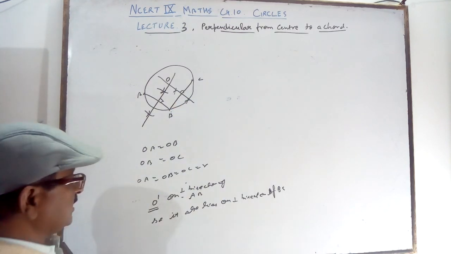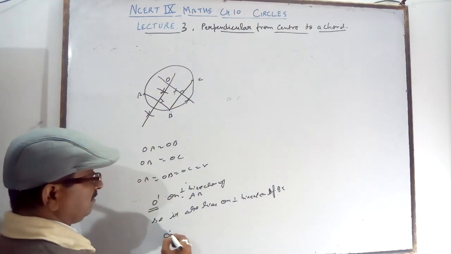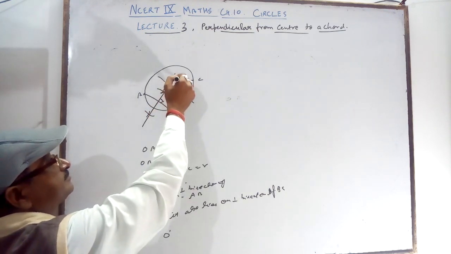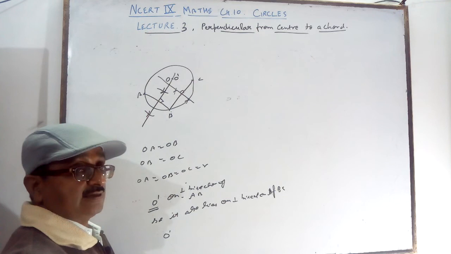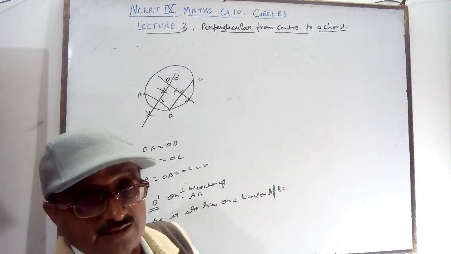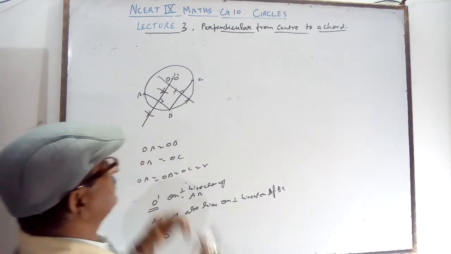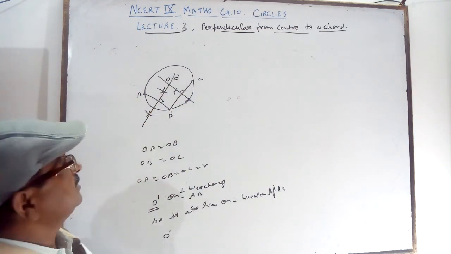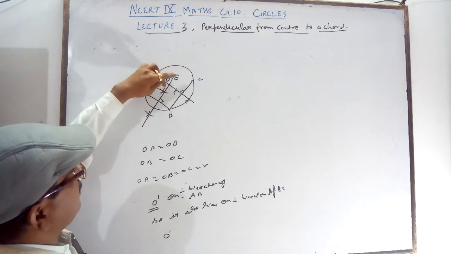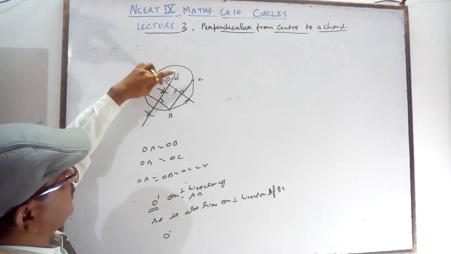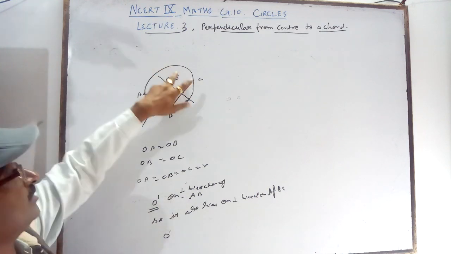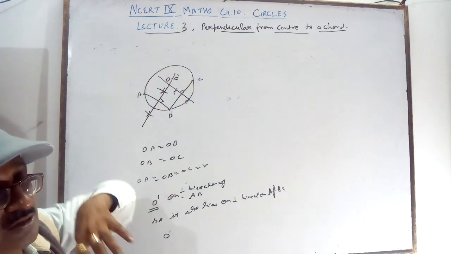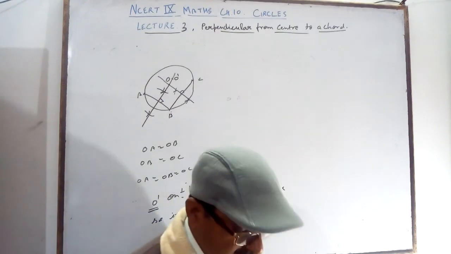It means O dash is another intersecting point of both the perpendicular bisectors, which is not possible. Two lines never intersect at more than one point. So there is only one perpendicular bisector intersecting point O, not O dash. So there is one and only one circle passing through three non-collinear points.